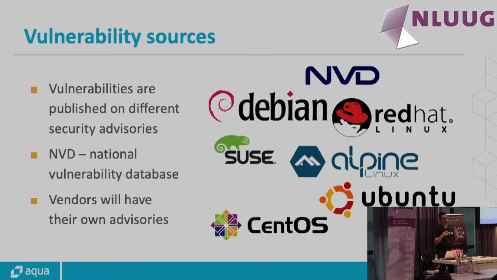So if you have an image which is Red Hat, microscanner will connect to Red Hat and check whether the package that you are using is vulnerable or not. Right? It will not use NVD.